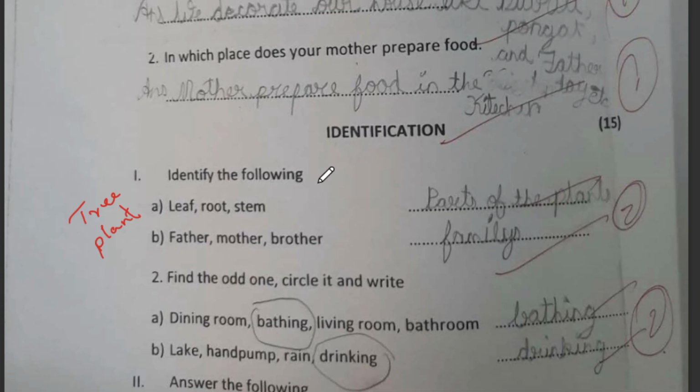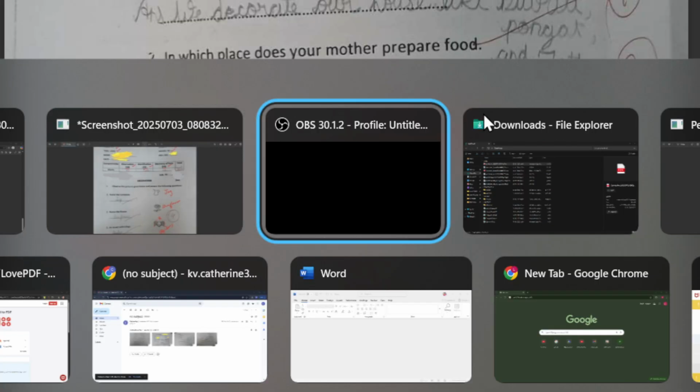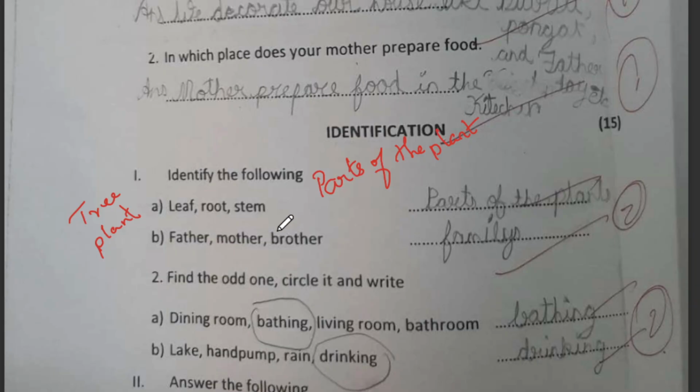Okay, so you can write parts of the plant. Okay, so next, father, mother, brother. So father, mother, brother are in our family. Okay, here when you start family, always use capital letter. Okay, family.